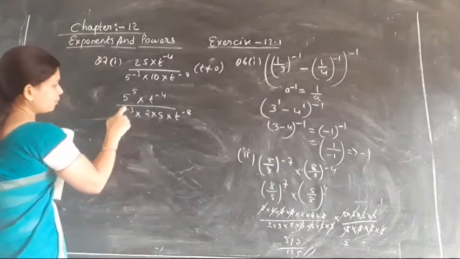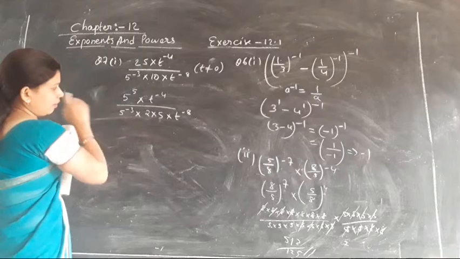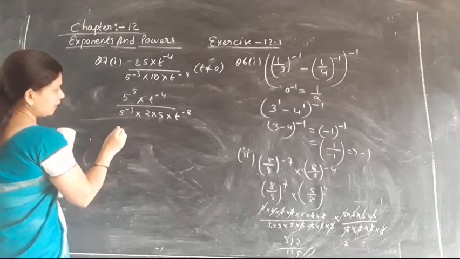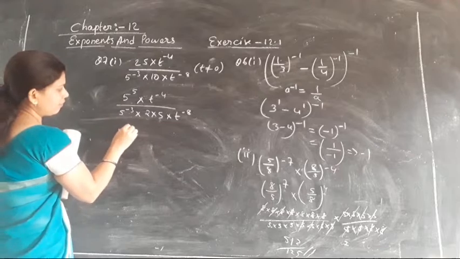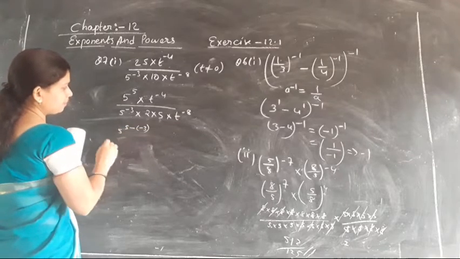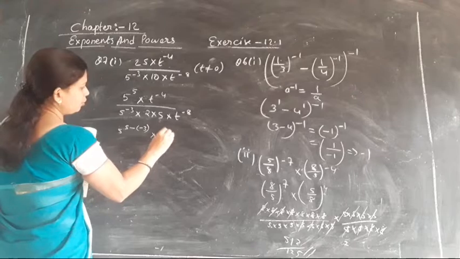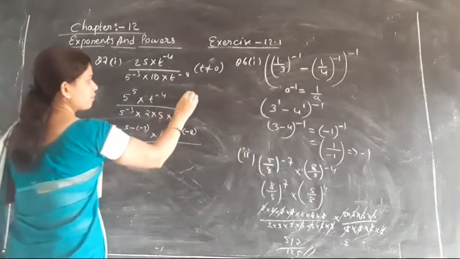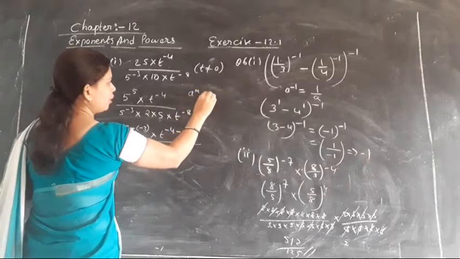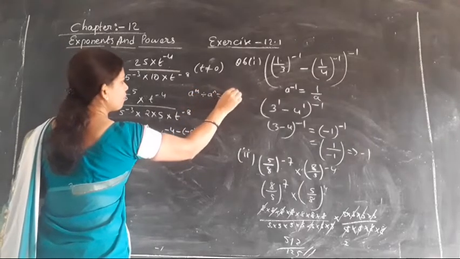Okay. Now can we expand the numbers here? Dividing the 5s, we get 5 to the power 5 minus minus 3 into t to the power minus 4 minus minus 8, using the law of exponents, a to the power m divided by a to the power n is equal to a to the power m minus n.